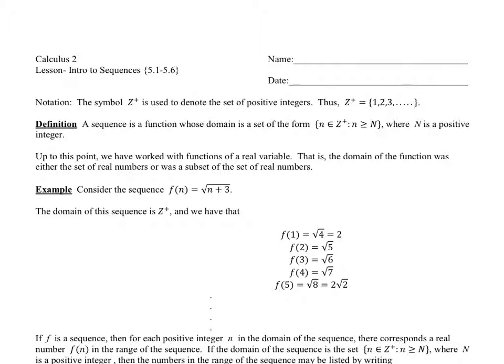So if I were to say, for example, N is equal to 3, this is restricting my domain to the positive integers with the condition that n would have to be greater than or equal to 3. You're establishing the relevant positions within the sequence.